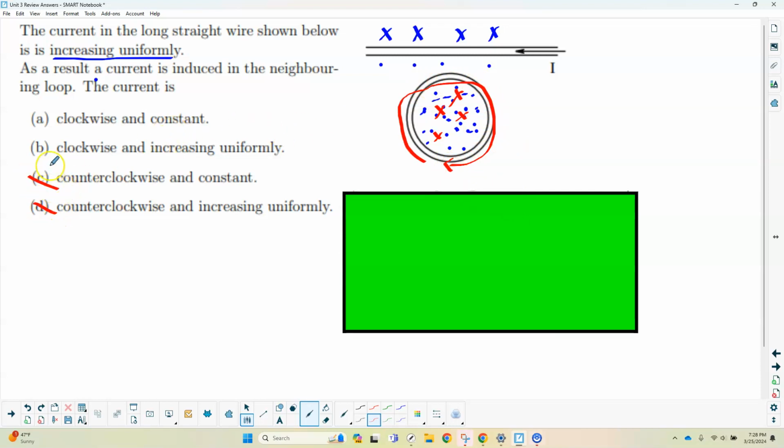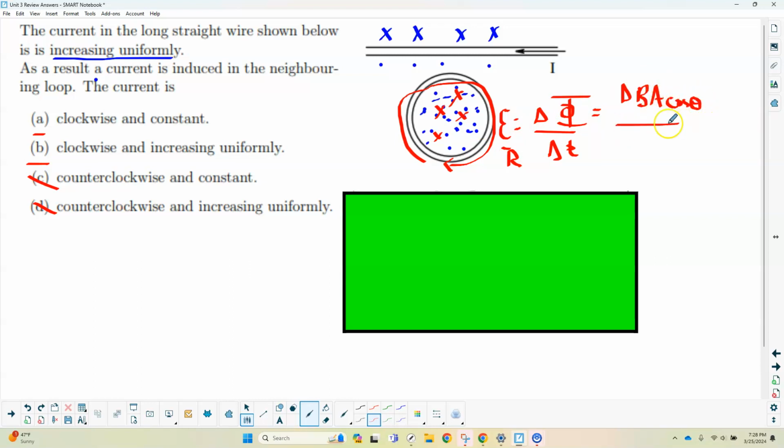So it's not going to be counterclockwise, so it's not C or D, A or B. So the current, if it's increasing uniformly, again, the rate of change of flux, delta flux over delta T, is what causes the EMF, and then you would have the EMF divided by the resistance to get the current. So that's I. But the idea is it's the changing flux, BA cosine theta over T.